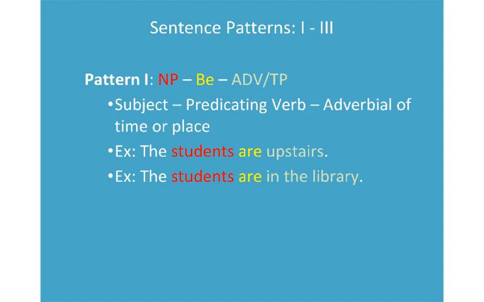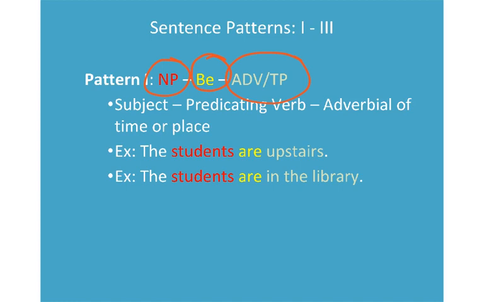So, pattern 1, we have NP-BE and then okay, here's what this means, is you are going to put a noun phrase here, which is going to act as your subject. Then you're going to put a form of to be, and then an adverb, an adverbial or a time or place phrase.